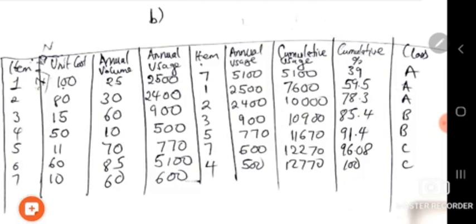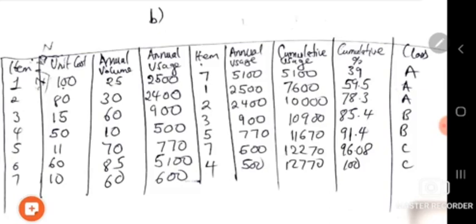Then we move on to the next column. Cumulative. What does cumulative mean? Now the cumulative usage. What do you understand by the word cumulative? As you've learned even in your statistics, this is basically summing up all the annual usages.